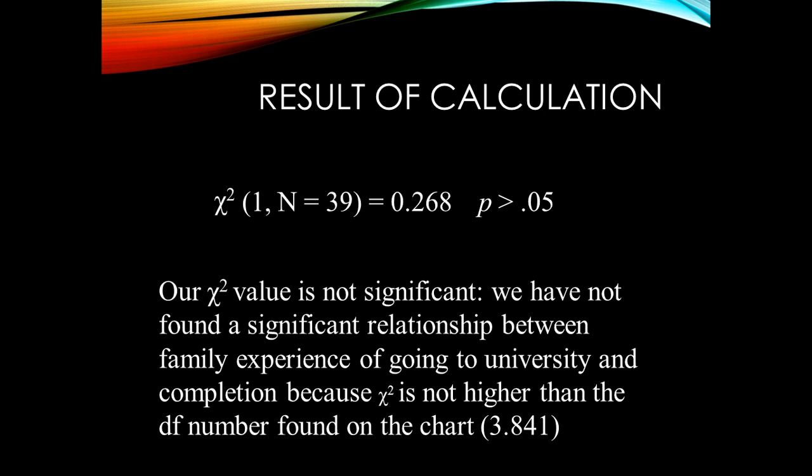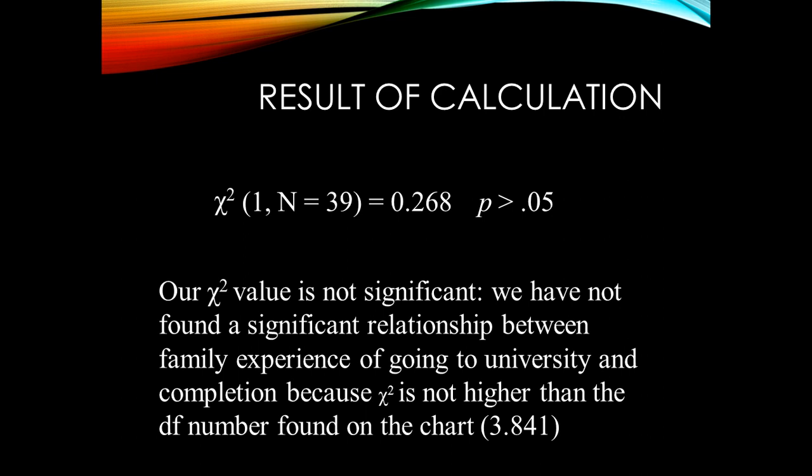However, the number we found, the x squared number we've just been all the way through to discover, was 0.268, which obviously is smaller than 3.841. It's a lower number. 0 point anything is lower than 3 point anything. And so we go, because of all that maths, we've not proved a damn thing.